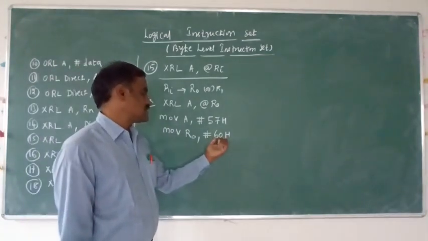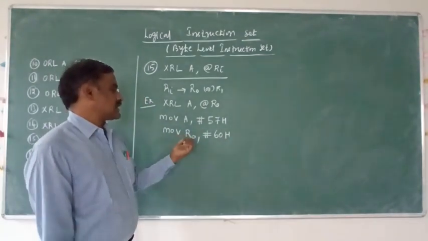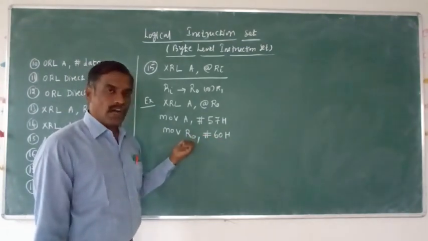The 60H is immediately moved to the R0 register.